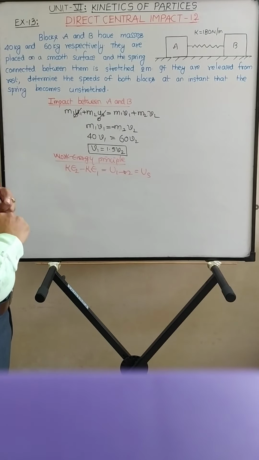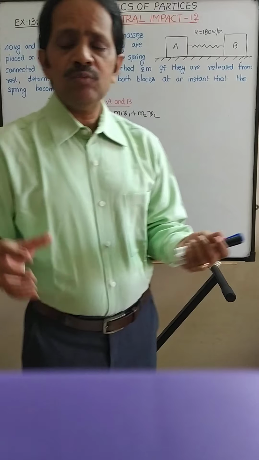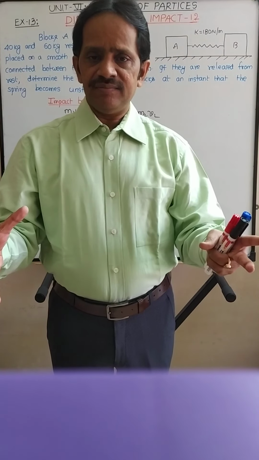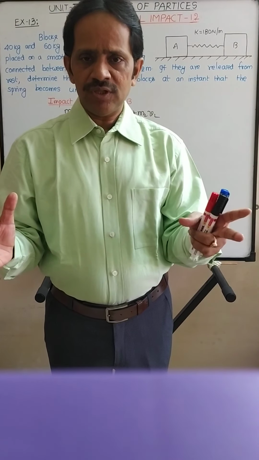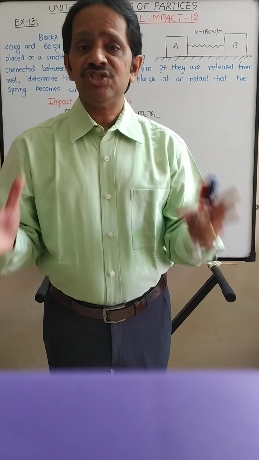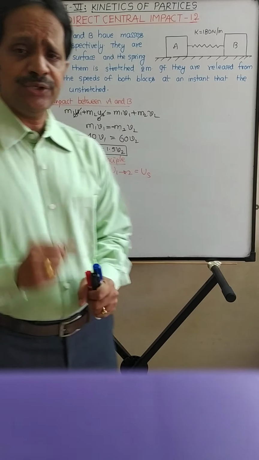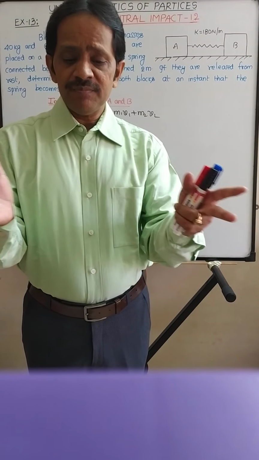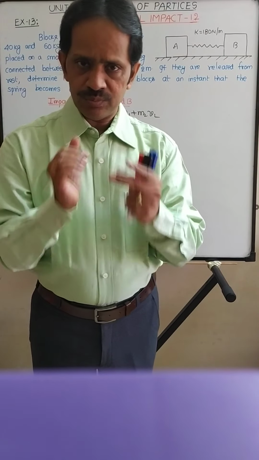Now, what is the kinetic energy of the system in the second position? Now we are using work energy principle for the entire system, right? Initially, when they are released from rest, velocity of both the blocks is 0. So the kinetic energy of the system in the initial position is 0. That means KE1 is 0. KE2 is the kinetic energy of the system in the final position. When the spring becomes unstretched, we are saying that is final position, position 2.